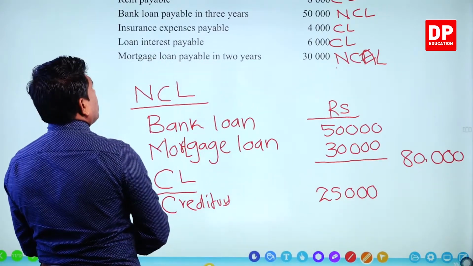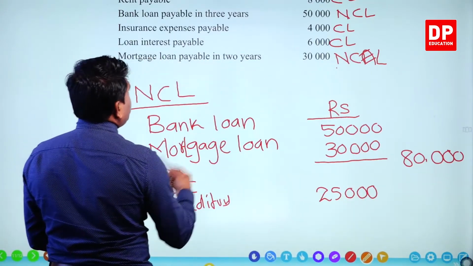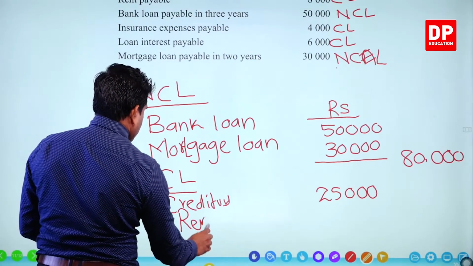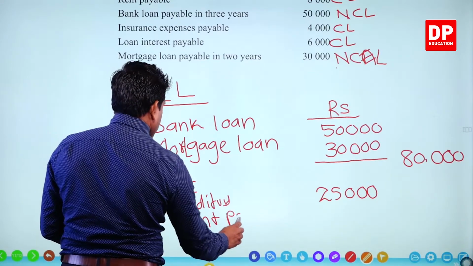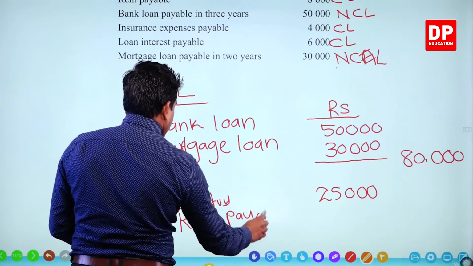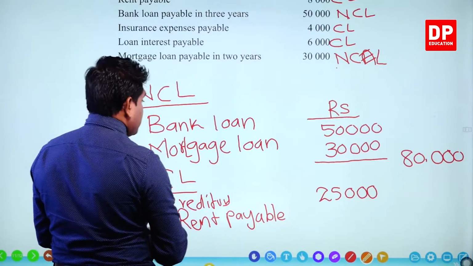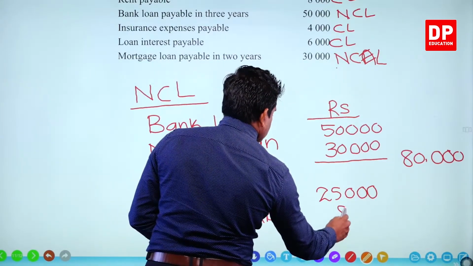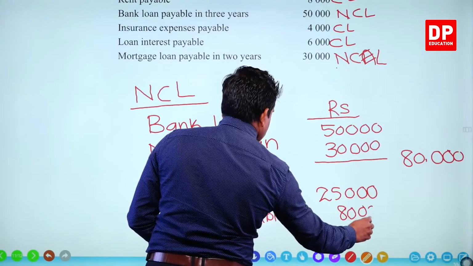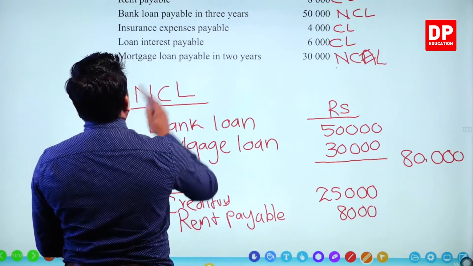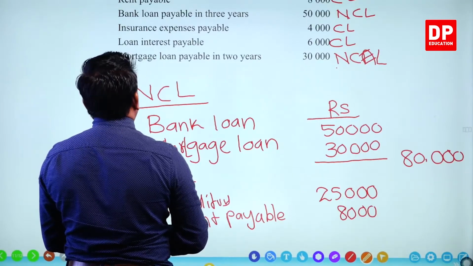What's the next one? Rent payable. Any payable, right? Rent payable, how much? 8,000. Next one, bank loan payable in 3 years, non-current liability.